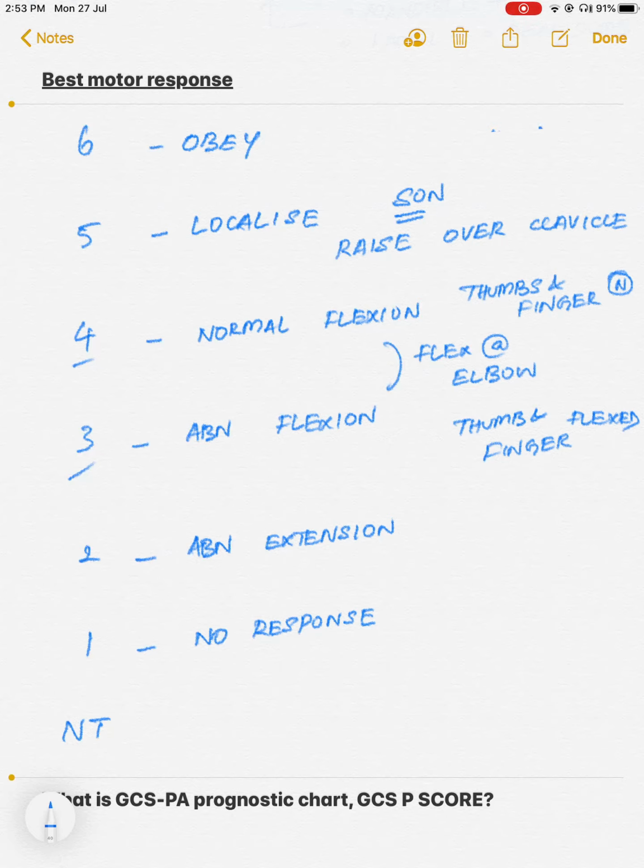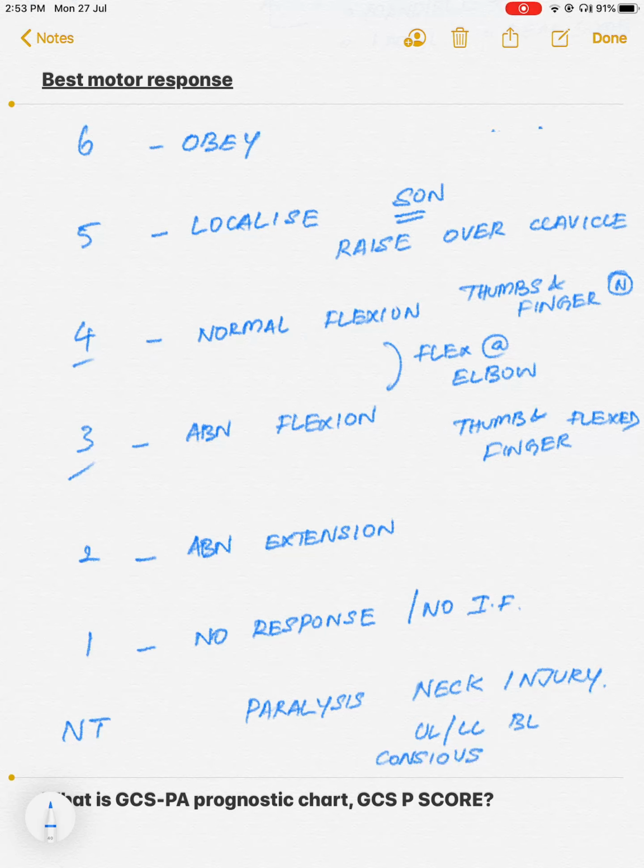Herein, if there is no response, there should be no interfering factor. Interfering factor means paralysis in any form. For example, a neck injury where the upper limb and the lower limb on both sides are weak, but the patient is still conscious.